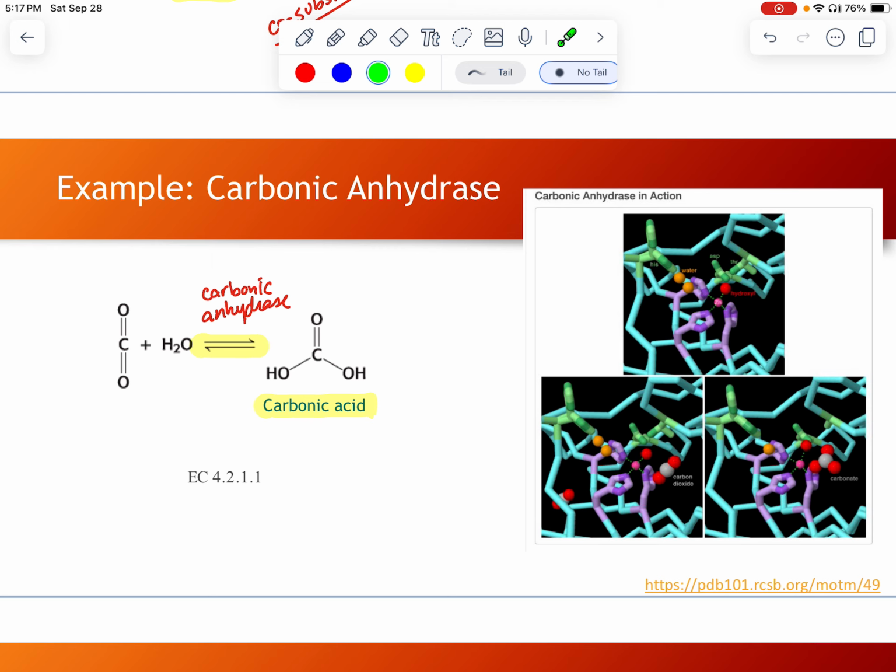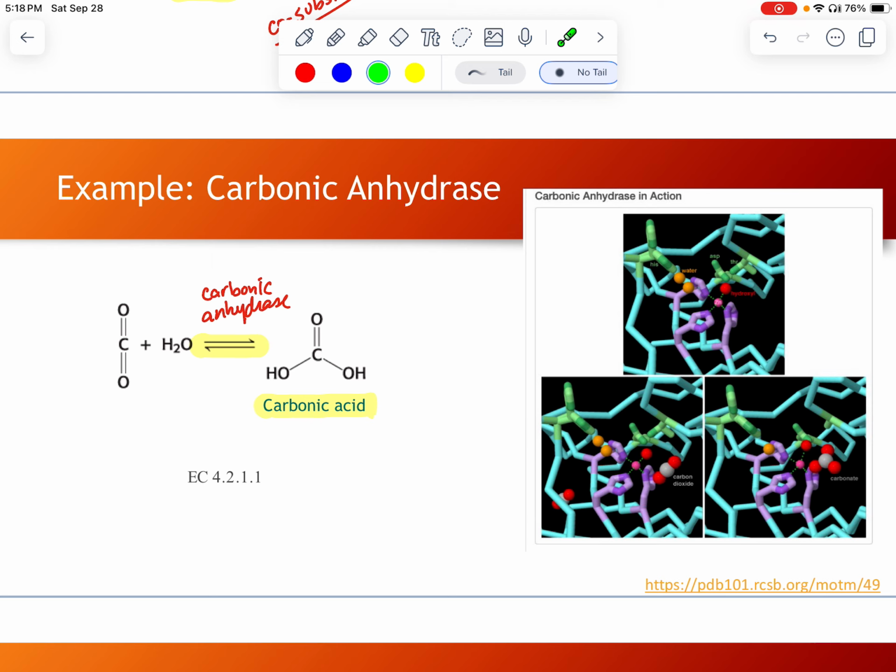You might remember earlier we looked at that series of reactions that occurs in our bodies, carbon dioxide going to carbonic acid to bicarbonate. When catalyzed, the reaction is much, much faster. Enzymes can generally increase reaction rates by factors of 1,000,000 or more. In this reaction, when it's catalyzed, about 10 to the 7th carbon dioxide molecules react per second.